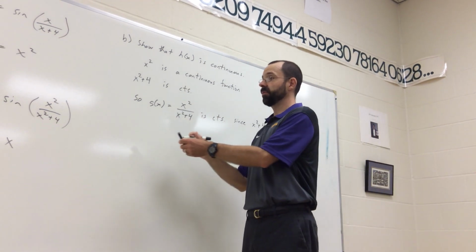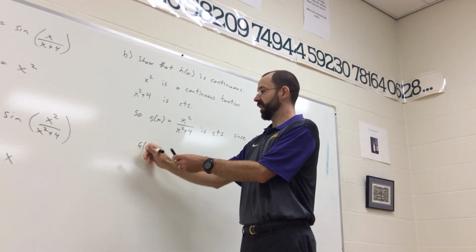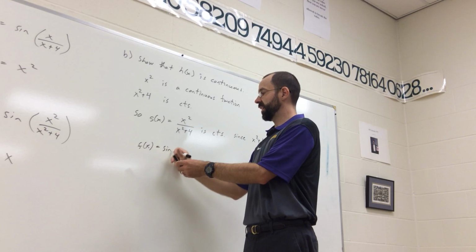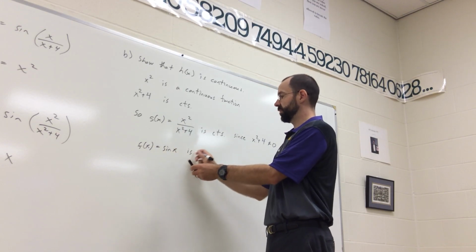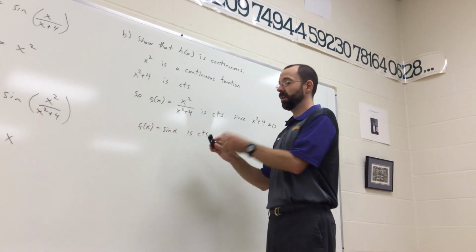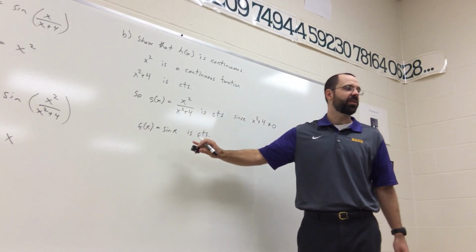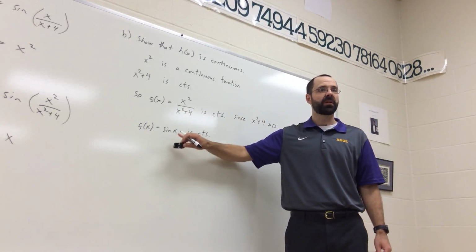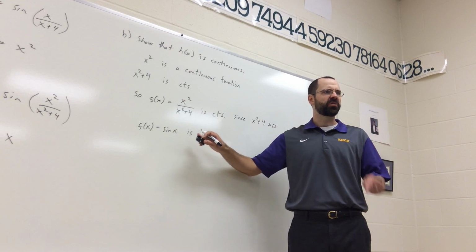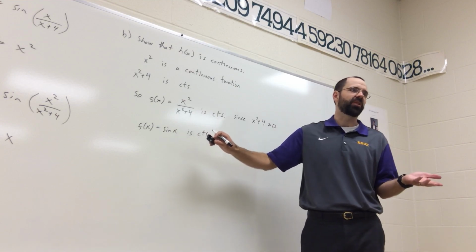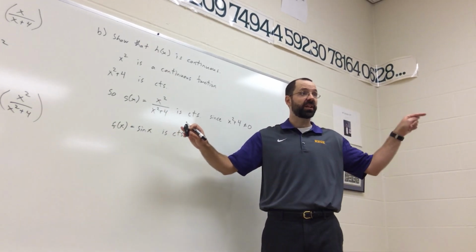Okay, then also, f of x equal to the sine of x is continuous. And I'm going to allow us to use a graph argument for this. Usually you're not allowed to use a graph argument and just say, oh, it's continuous because it's connected.